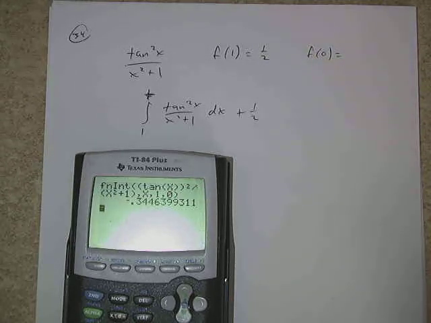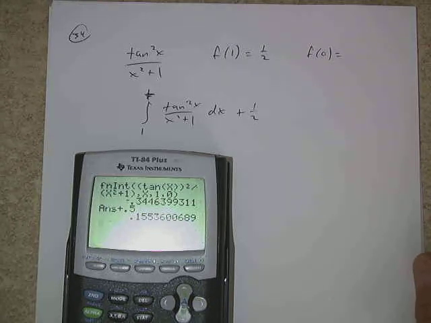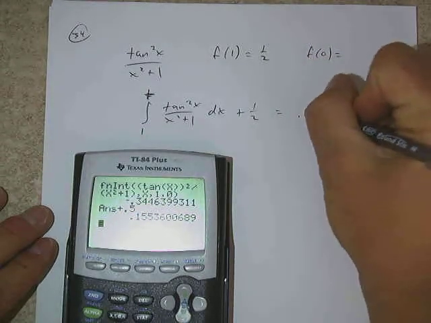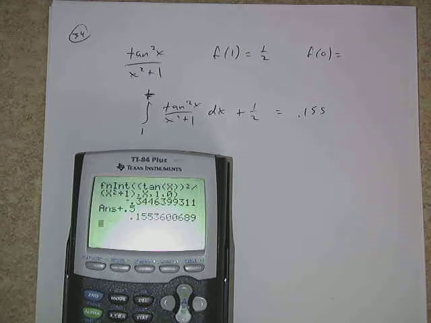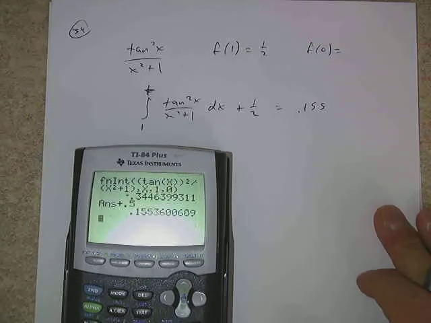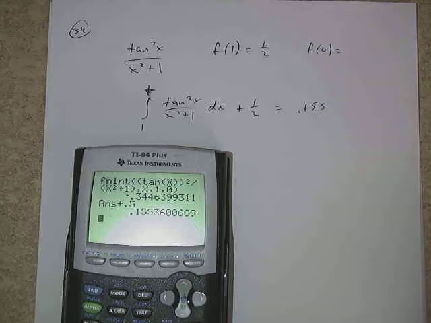And we're going from 1 to, they wanted f of 0, right? Yes. So we're putting a 0 in there. And with that, if we add a half to it, 0.155, which would be letter B. And that would do it.